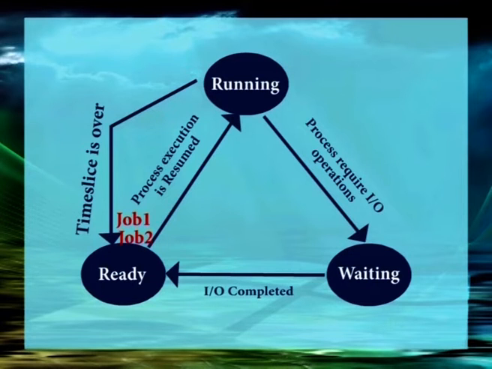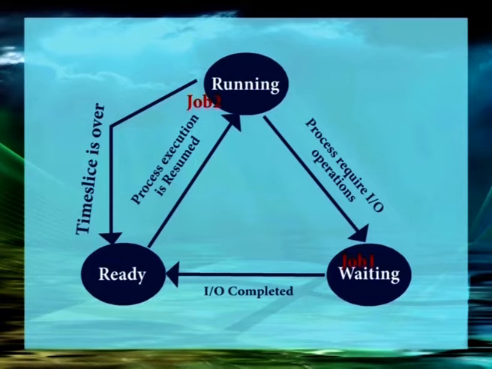Here in this figure, job 1 and job 2 are in ready state. Initially, job 1 gets CPU. After some time, when job 1 requires performing its input-output operations, it goes to waiting state and performs input-output operations. CPU is allocated to job 2.